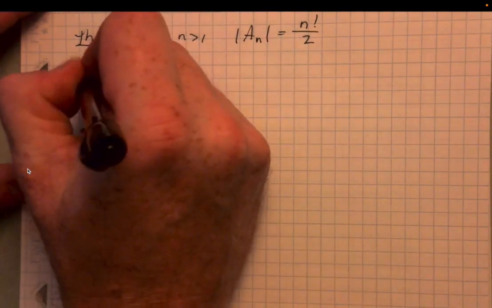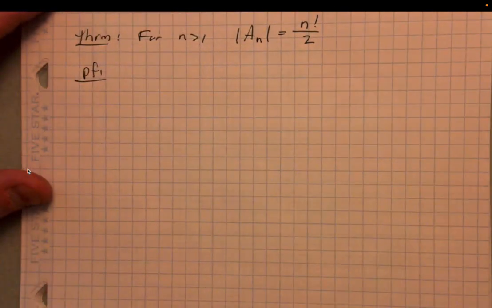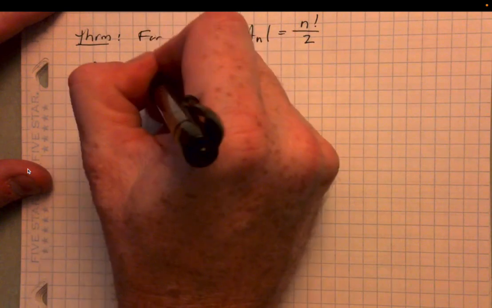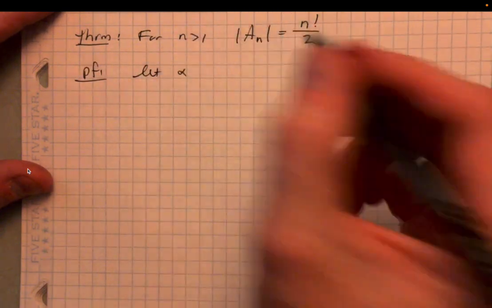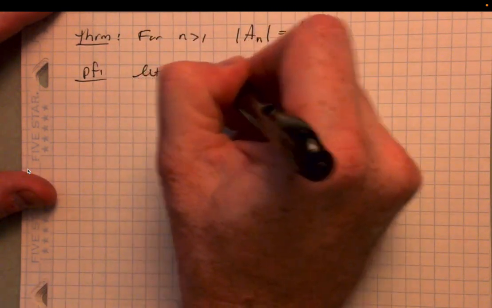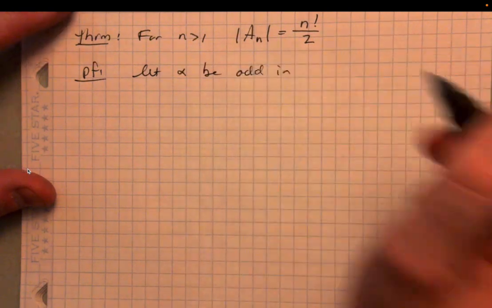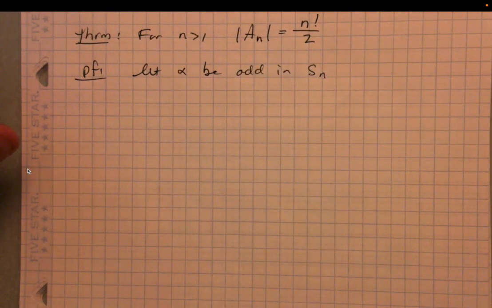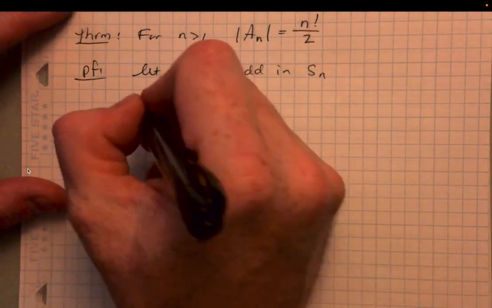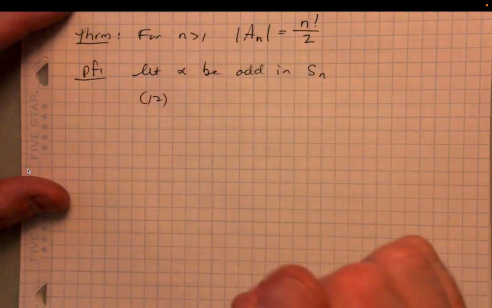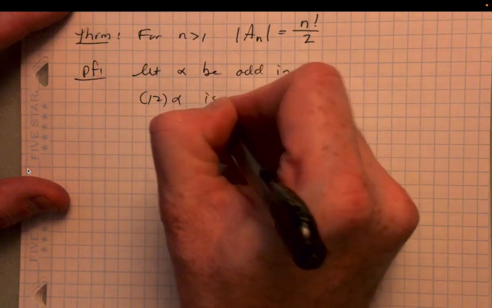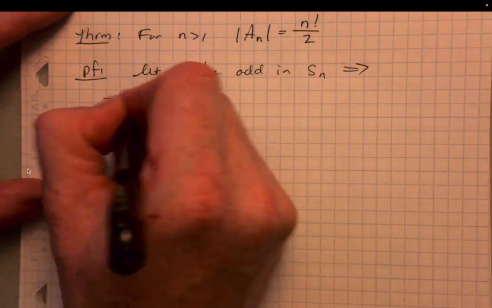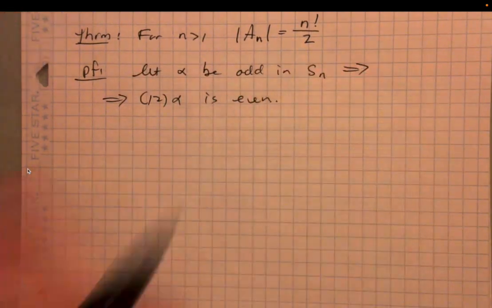That's kind of remarkable. Let's prove it. Let alpha be an odd permutation in Sn.